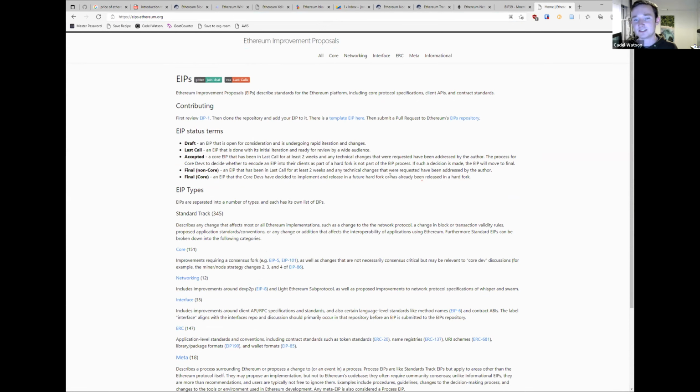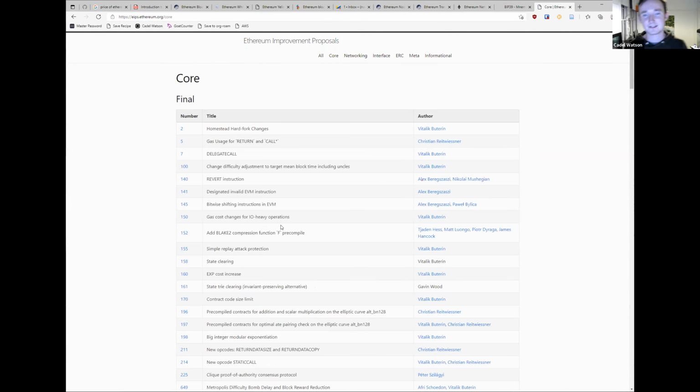If enough people accept it, it becomes an Ethereum Improvement Proposal. Then there's more debate and so on, and finally it gets accepted or rejected. But if we look at, say, the core section, you can see all of the different Ethereum improvement proposals that have been accepted by the community and built into Ethereum.